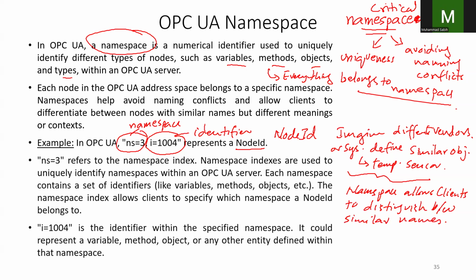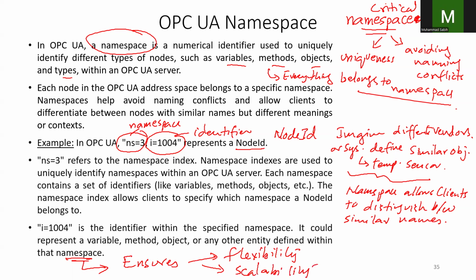So the namespace ensures flexibility as well as scalability across industrial systems.